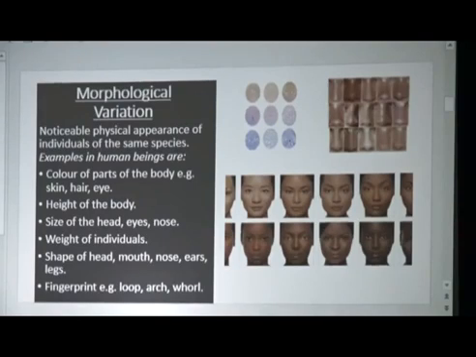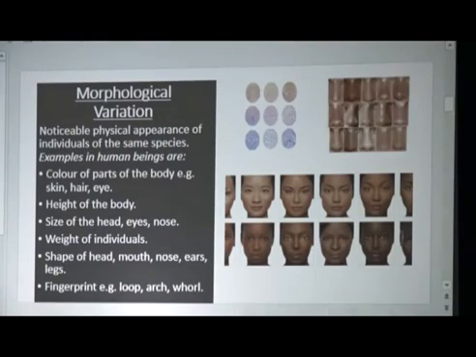For instance, in human beings, you talk about the color of the skin, color of the hair, color of the eye, the height of the body, whether that person is short or tall, size and shape of the head, mouth, nose, ears, legs, and so on. Then the fingerprints. These are morphological variation in human beings.